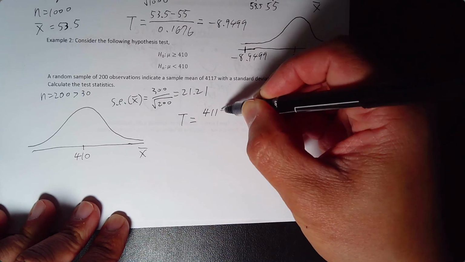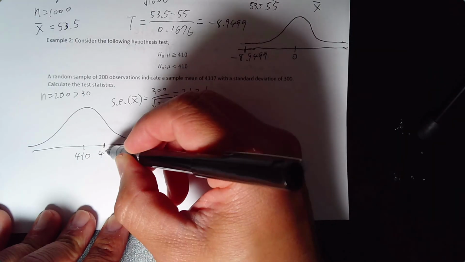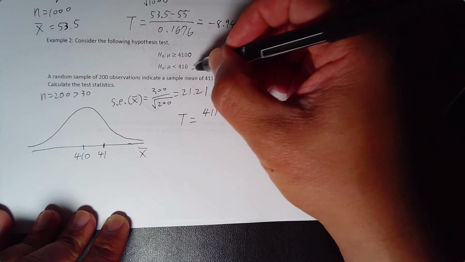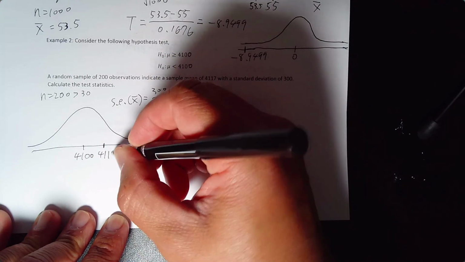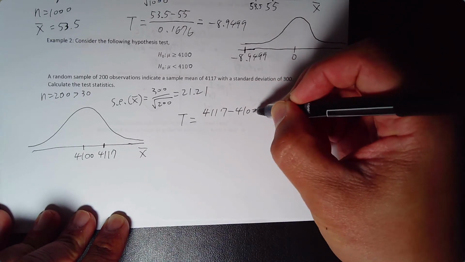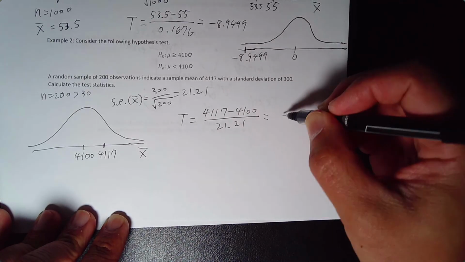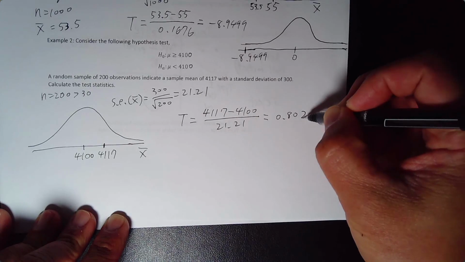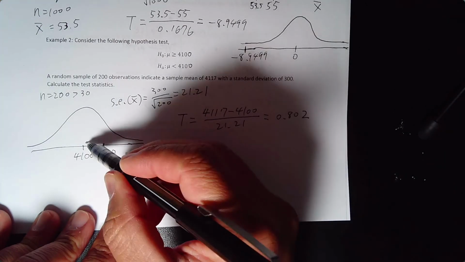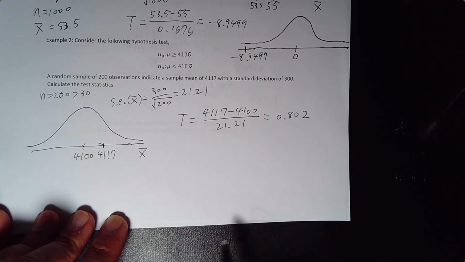Here's my sample mean, x bar, which is 4,117, minus 4,100, all over 21.21, and this gives me 0.802. So we are very close. Once we divide by the standard error, we can see how far the observation actually is from the mean.